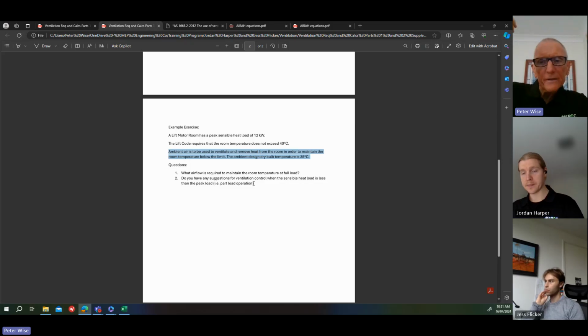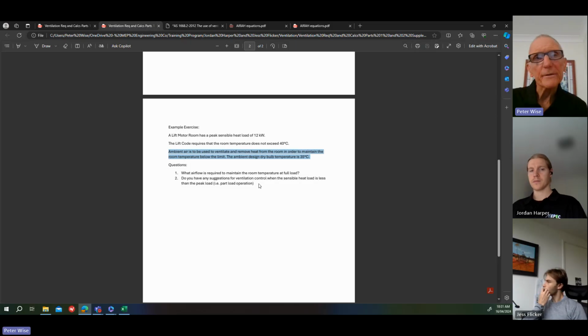The lifts have got to travel all the way to the top of the building. So you can usually bring air in one side and discharge it out the other side or through the roof, but not back into the building. It's got to go outside. But you don't have to comply with the objectionable discharge requirements.